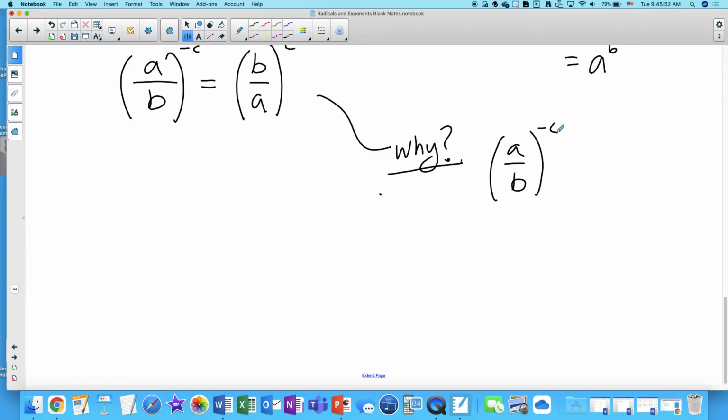It's 1, right? Well, this negative c applies to both the numerator and to the denominator. So if we want to remove the brackets, we have to distribute this in. It applies there, and it applies there. So this is going to be a to the negative c over b to the negative c.